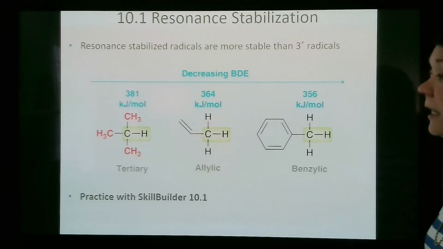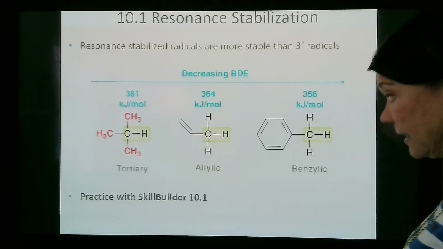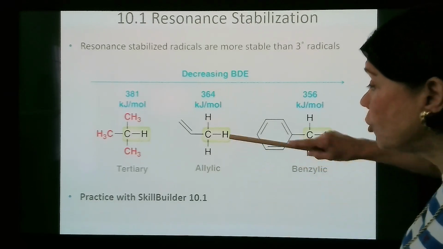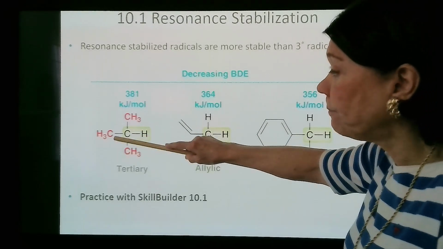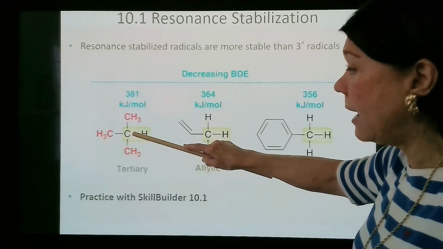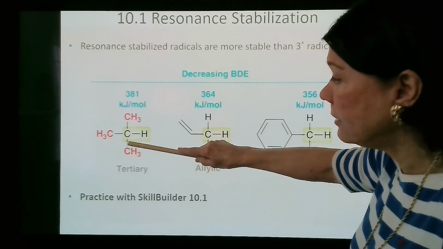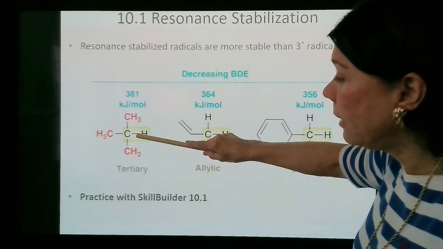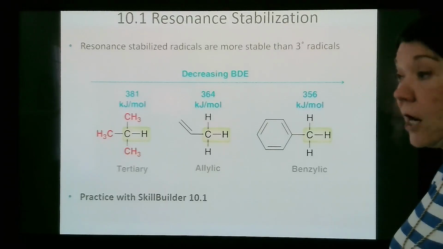And you can see that stability reflected in the amount of energy that is required to break that bond. Remember, we said that the tert-butyl radical, where you will be generating a carbon that is tri-substituted, the carbon bearing the unpaired electron is tri-substituted, is very stable.